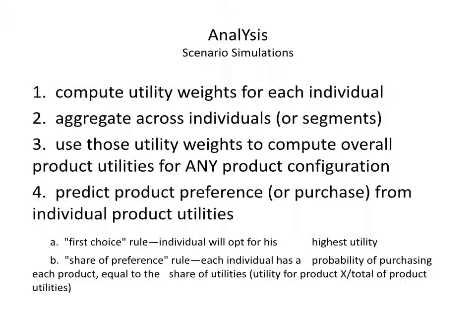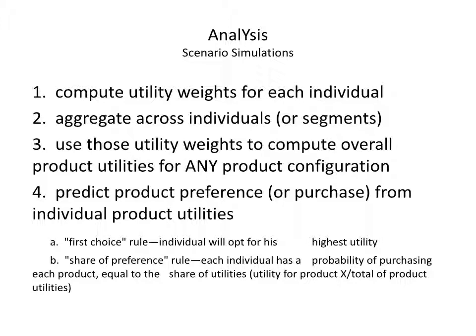And that would be different for every individual, because every person might have different utility weights for the different levels. We simply count how many people prefer product A, how many prefer product B, and so on.